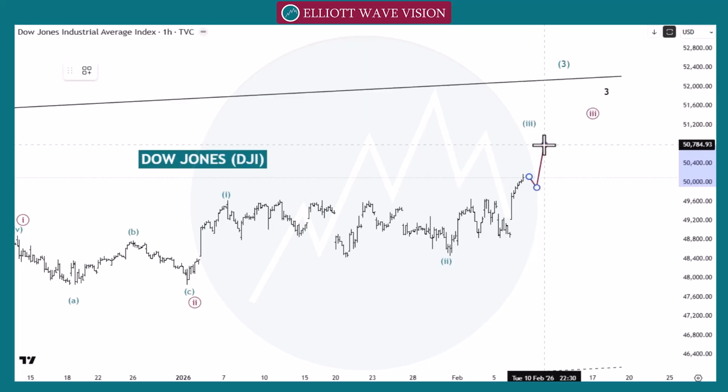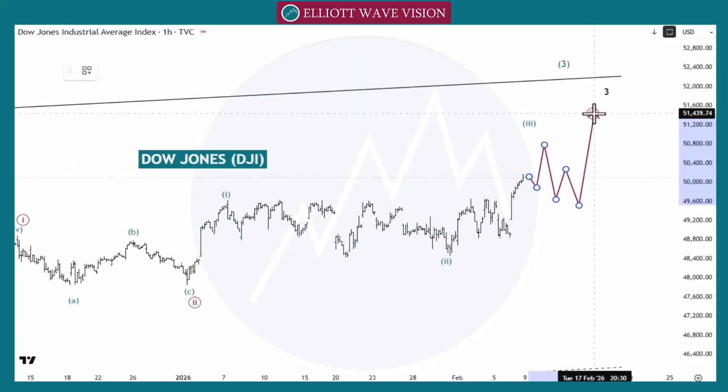Then again market will give us this move as an arrival or first high above level A, B and C. Then we will go towards the next point, 51 and then 52, step by step.